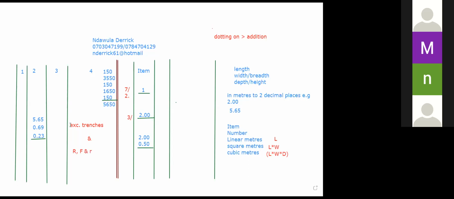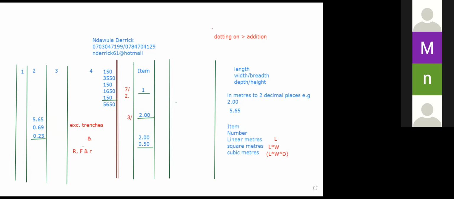If I have two or three descriptions for the same dimension, I just use the ampersand: first description and second description and third description, like that.